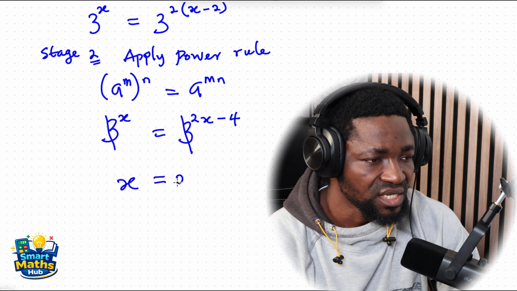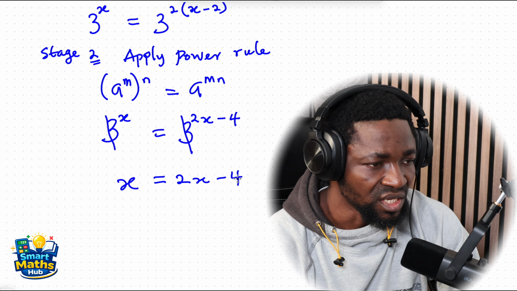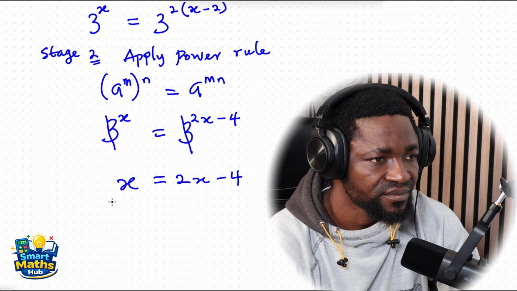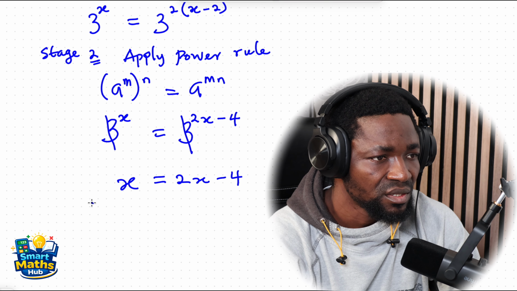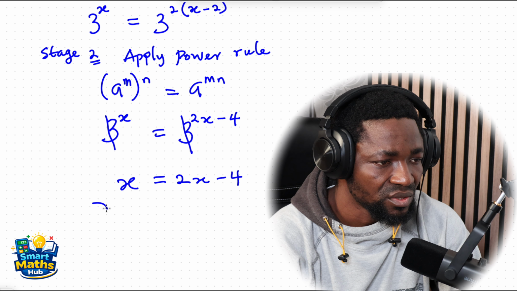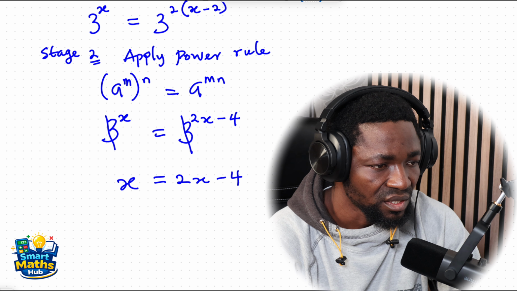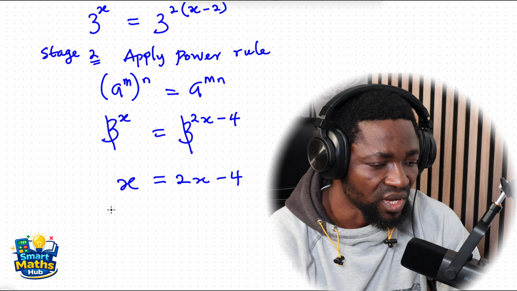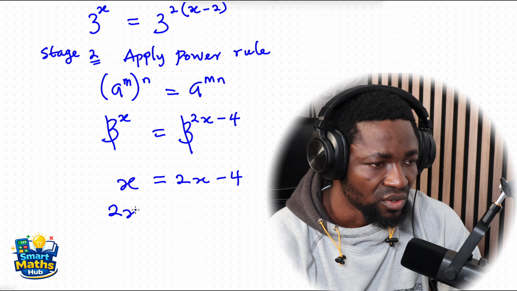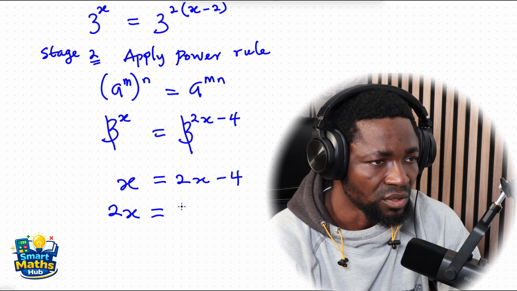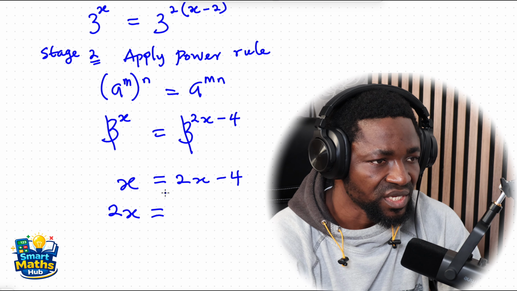The next stage is to collect like terms. Take the 2x to make x the subject.